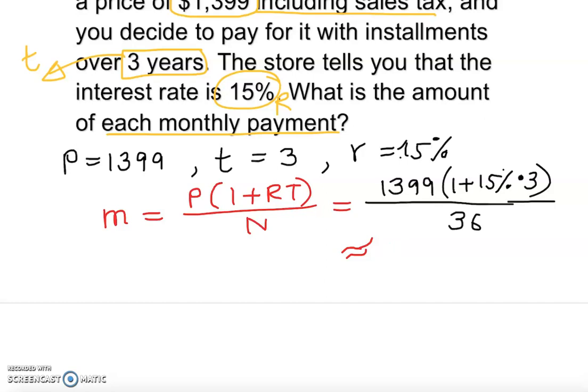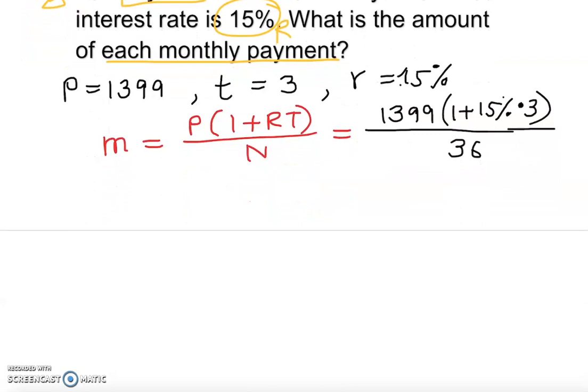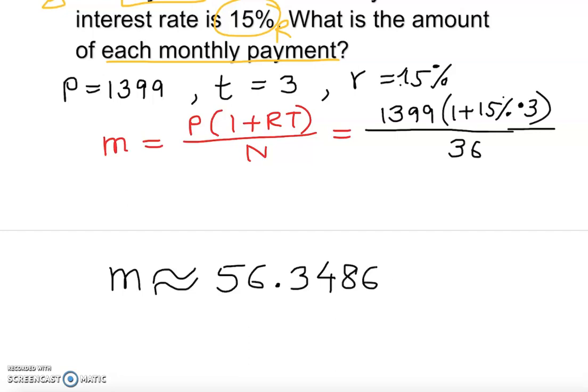Let's write it down. I think I have to write on the bottom here. Sorry about that. So my M is equal to approximately 56.34861 and so on.